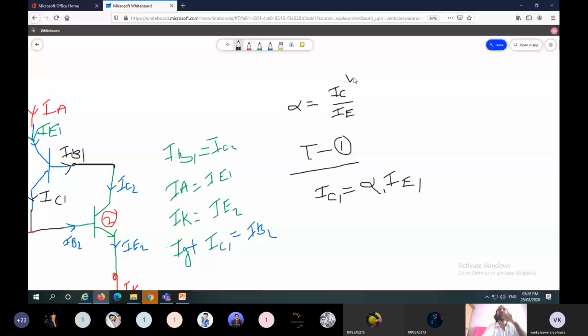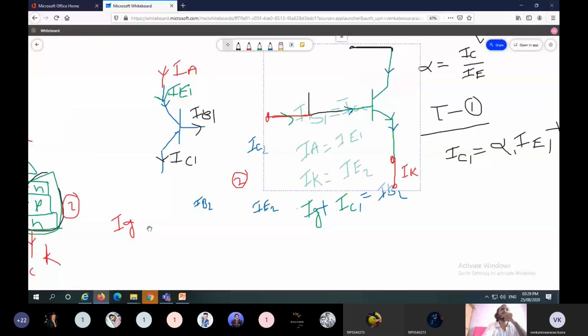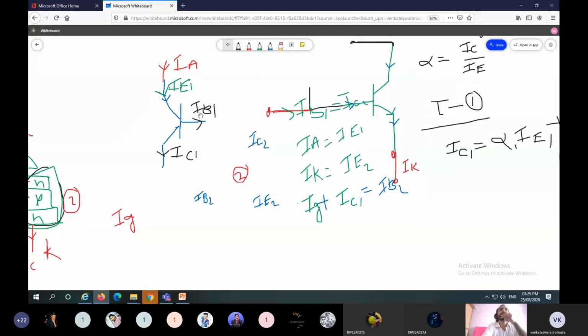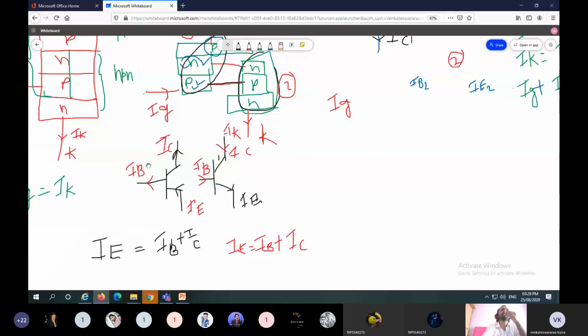If we consider common base leakage current, this one is the leakage current ICBO1. This one is leakage current due to transistor 1, and it is the formula for collector current. So if you take transistor 1, what is the relation between IE and IB, IC?